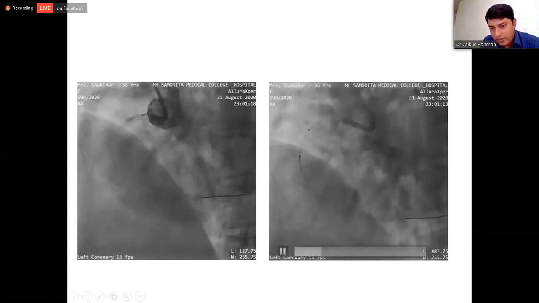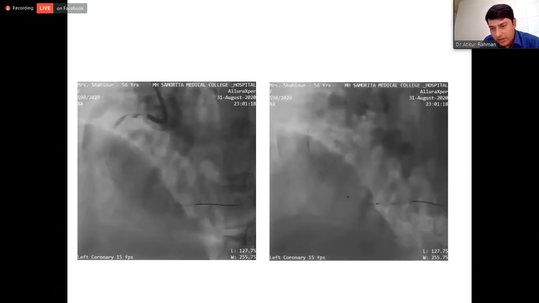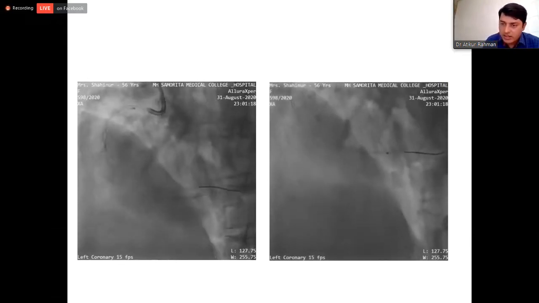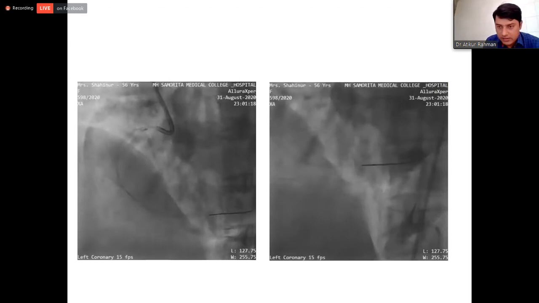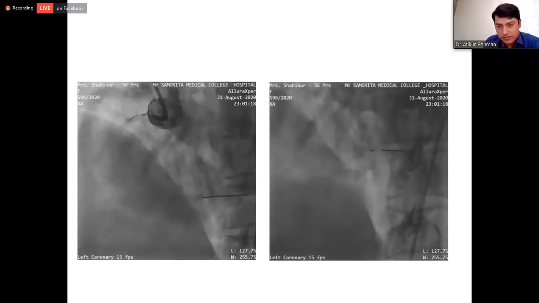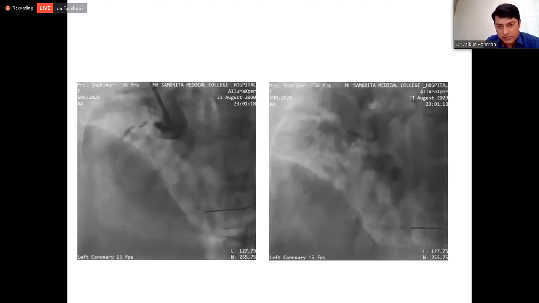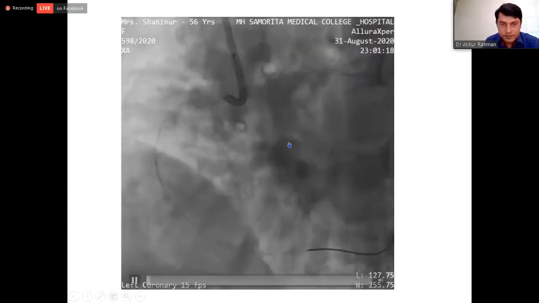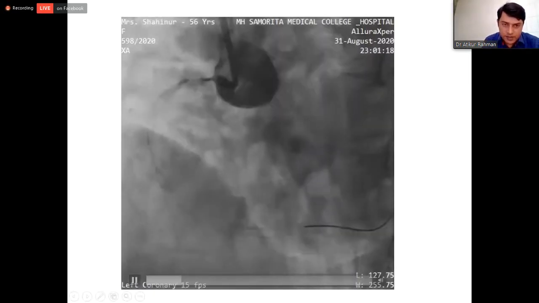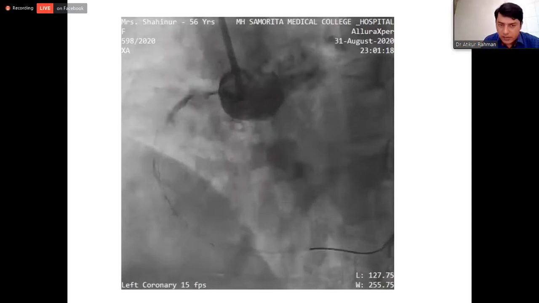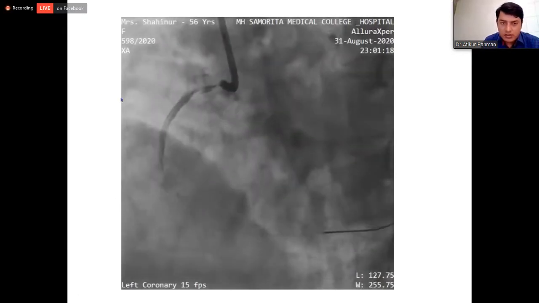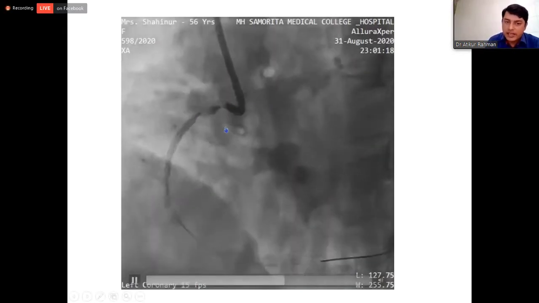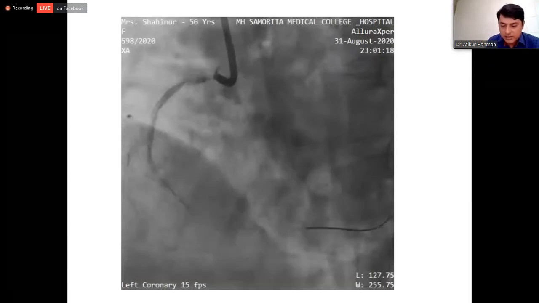And we passed the balloon through the whole vessel up to the distal end of the distal stent. The flow didn't improve, but we could recognize the distal landing zone for the proximal stent.